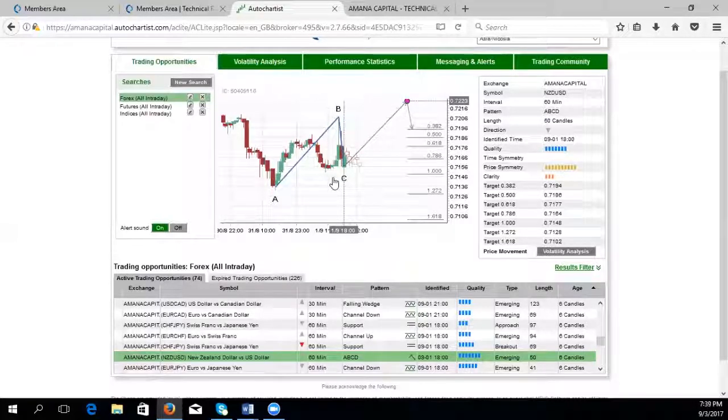Okay, so this is again because of the high quality I may consider buying this pair at this point. Okay, so this is pretty much how to read signals from the Autochartist.